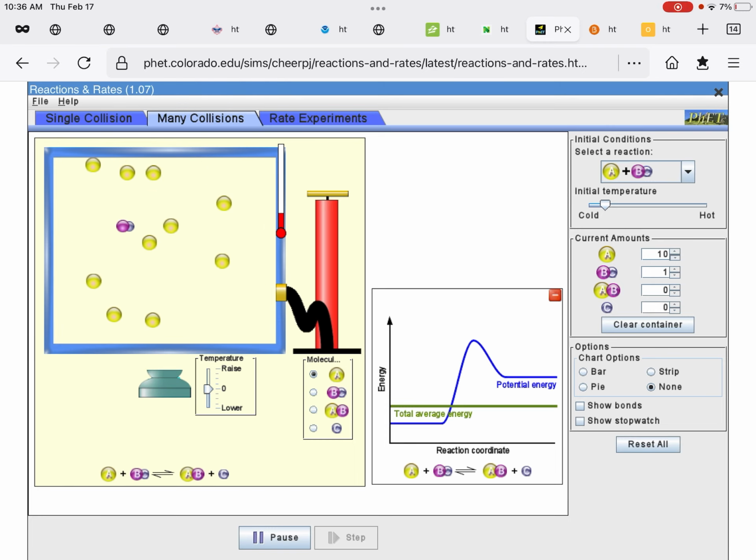And you would think that after at least a few collisions, you might have a reaction, right? You might think that if this happens by atom A jumping in and kicking out atom C, a certain number of collisions would result in a reaction.